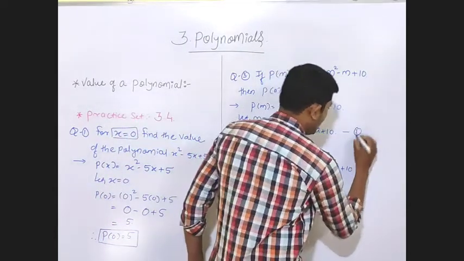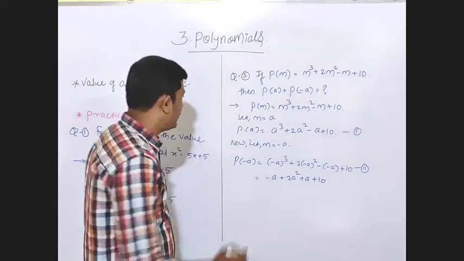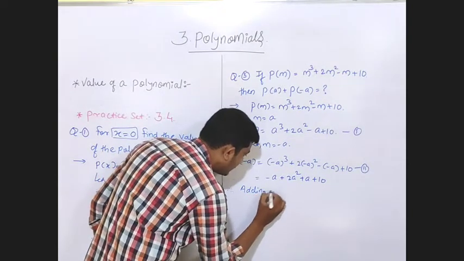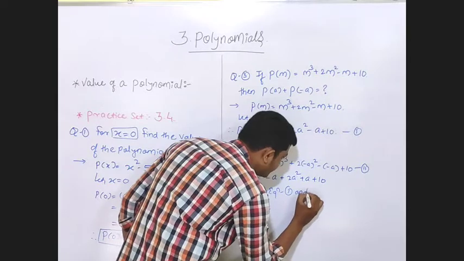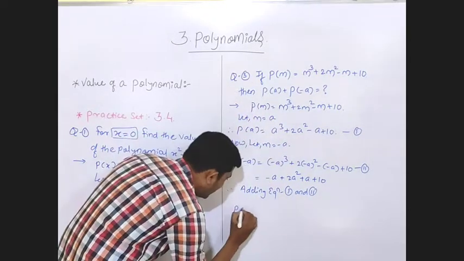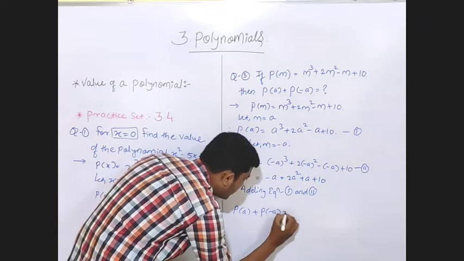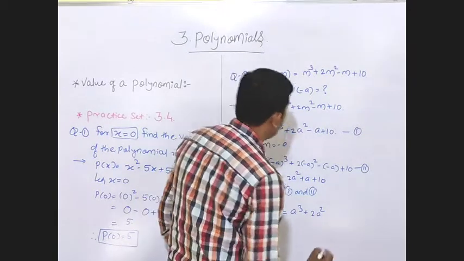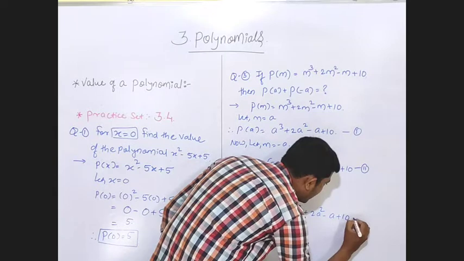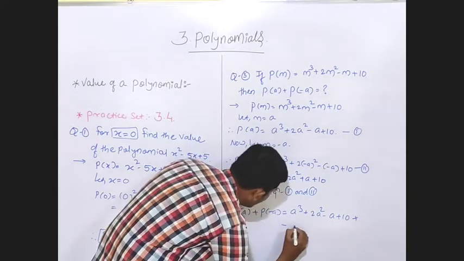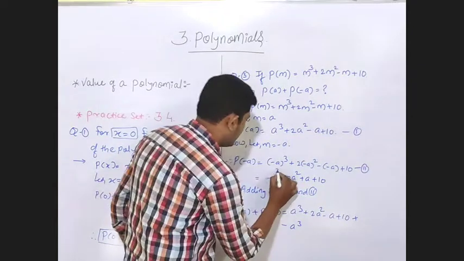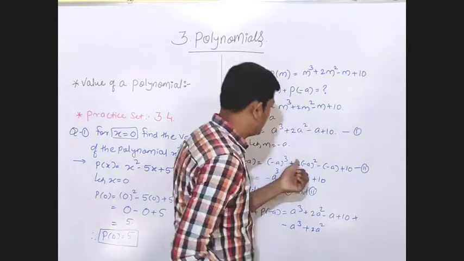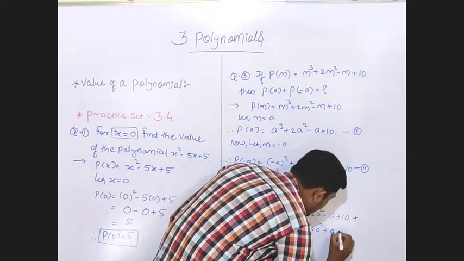We will add equation first and equation second. So adding equations 1 and 2, we get here p of a plus p of minus a equal to a cube plus 2a square minus a plus 10 plus minus a cube plus 2a square plus a plus 10.